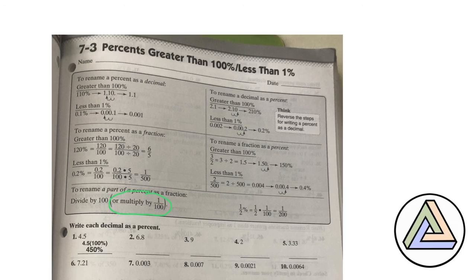So the end goal is to turn it into a fraction. So let's look at this one, 6.8. We want to turn that into a percent. Well, as I said before, that is a decimal that we want to turn into a percent. So you just take that decimal and you move it twice to the right.